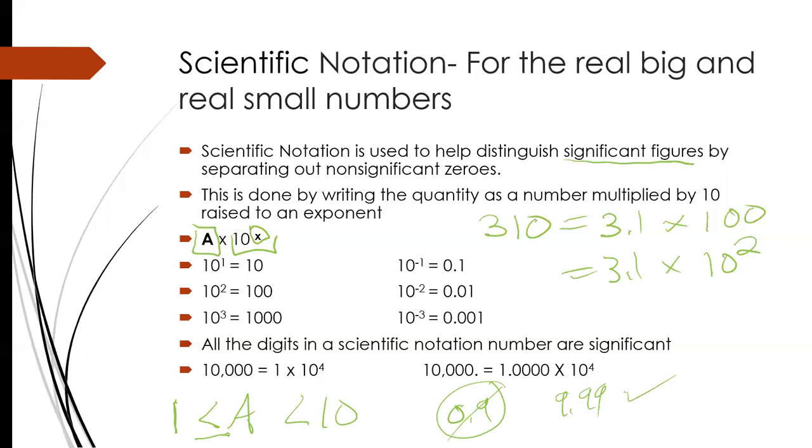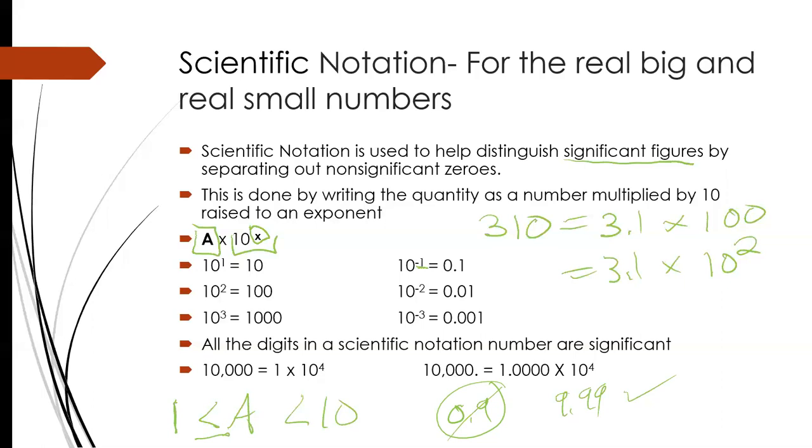Now, positive values of your exponent are going to give you numbers bigger than 1. It's going to start at 10 to the 1, which is times 10, 10 to the 2, times 100. Whereas negative exponents are how we get numbers less than 1, so 0.1, 0.01. And that's how we adjust them.